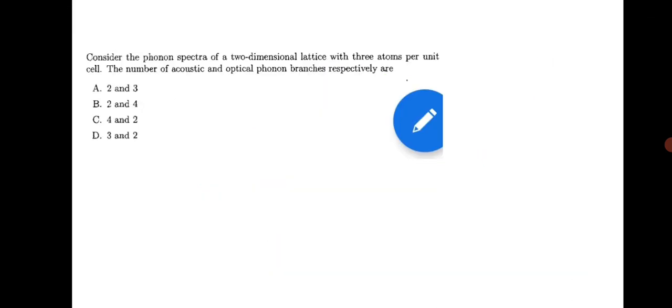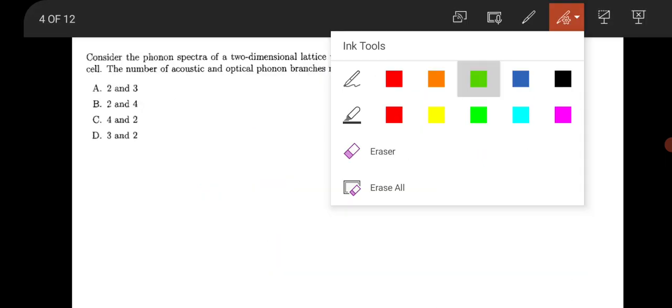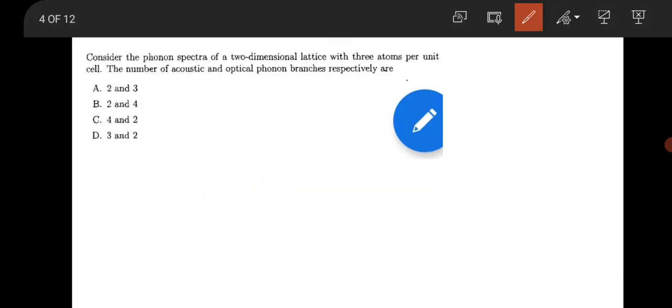Okay. So next is from solid state physics. The question is on lattice vibrations. Consider the phonon spectra of a two-dimensional lattice. So the dimension is 2, d equal to 2, with 3 atoms per unit cell. Find the number of acoustical and optical modes.